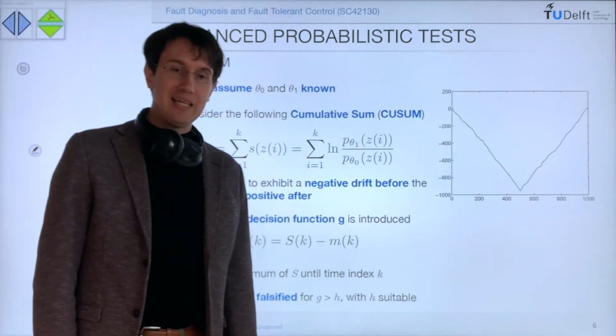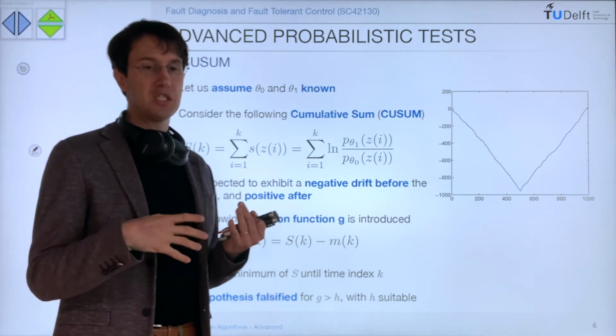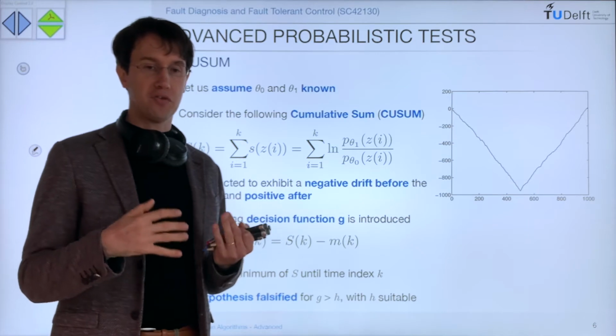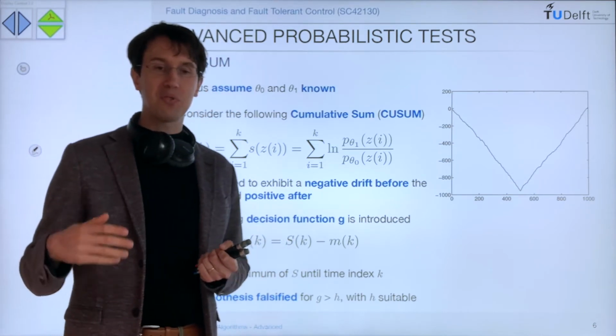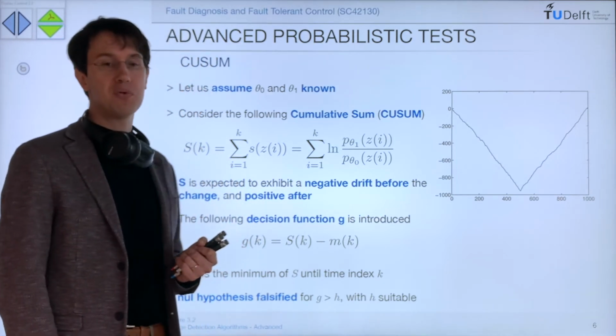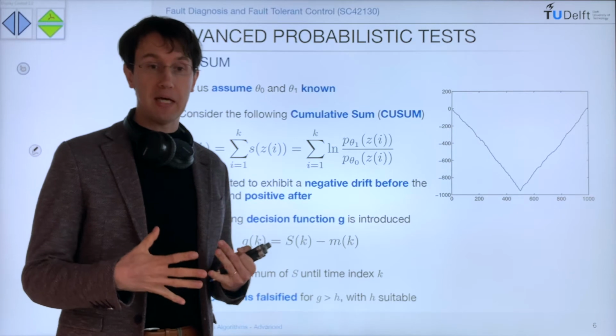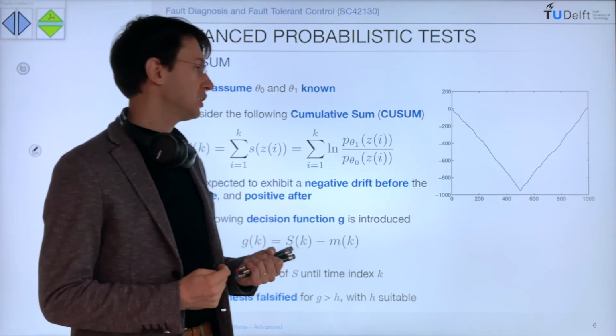The way to do that actually is not just to compute them and check if they have a positive or negative sign, but to compute a running average over time. In particular, to compute a cumulative sum over time, which is like an average but without normalization.